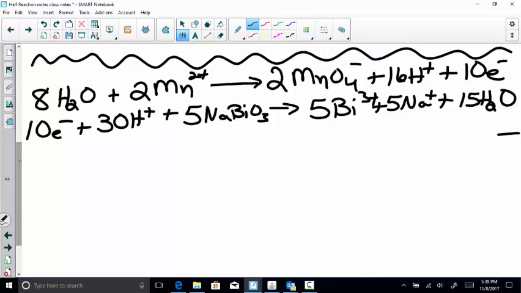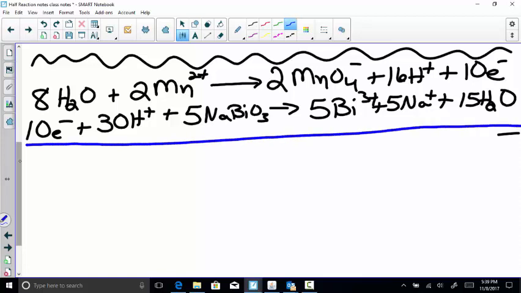So, these are my 2 now rather large half reactions. And what I now want to do is add these 2 equations together. The first thing you should make sure of is your electrons cancel. If they don't cancel, you've done something wrong.